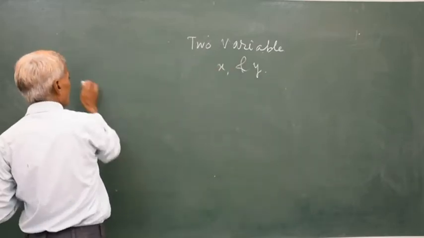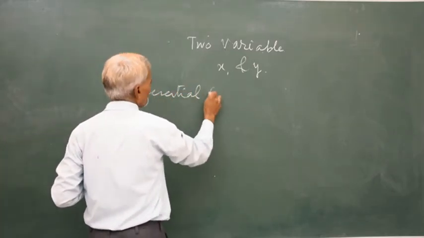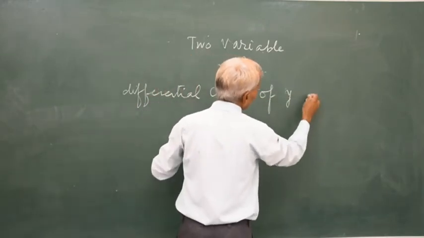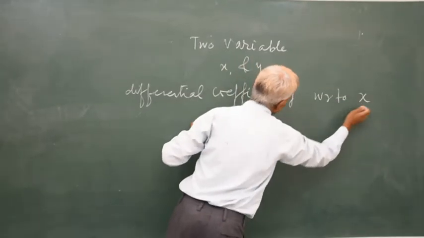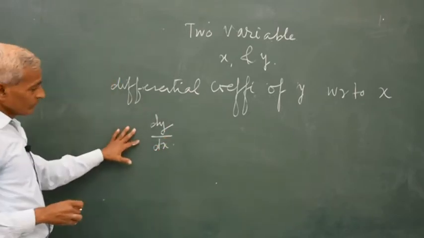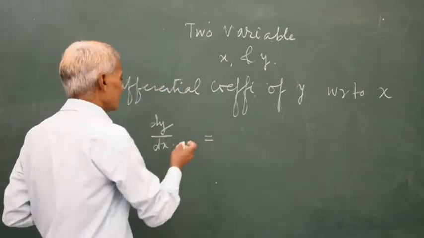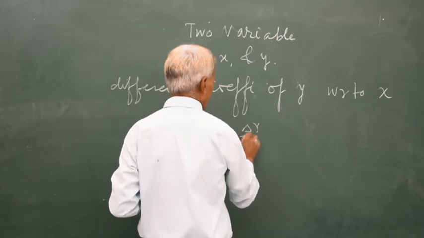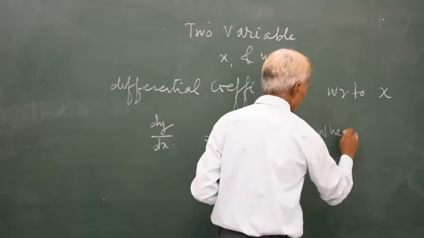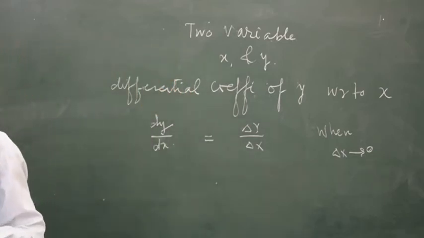Then differential coefficient of y with respect to x is denoted by dy by dx, where in simple way you can say change in y divided by change in x, when difference delta x tends to 0, when difference must be very small.